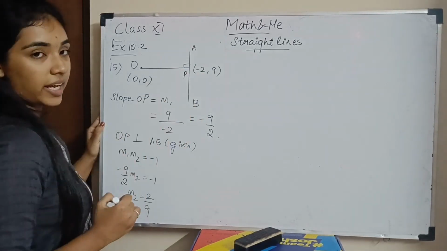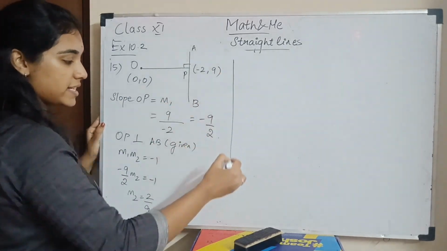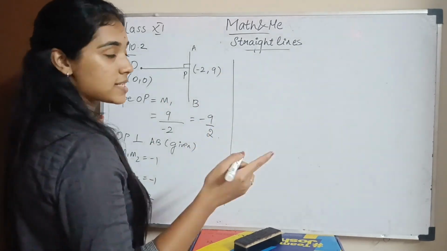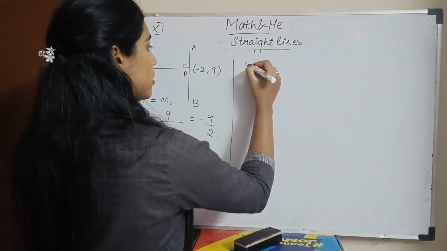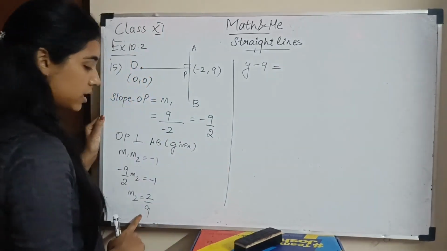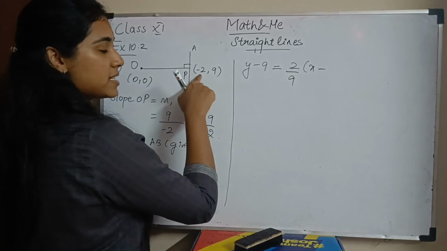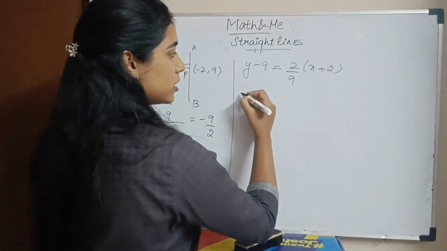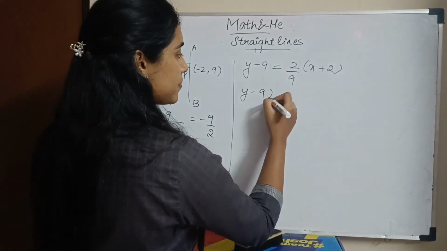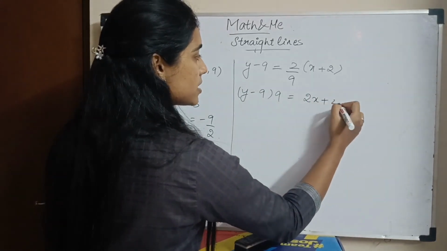So in this particular line, you have a point and the slope. So it is very easy to find the equation of the line using point slope form. So what is it? y minus y naught equals m times x minus x naught. So it's plus 2. y minus 9 times 9 equals 2x plus 4.